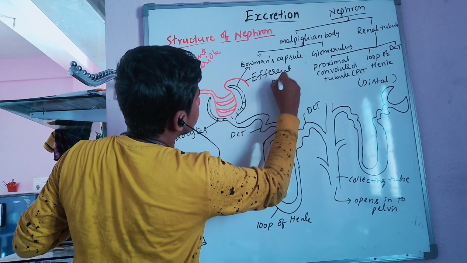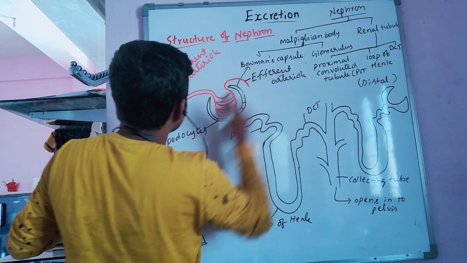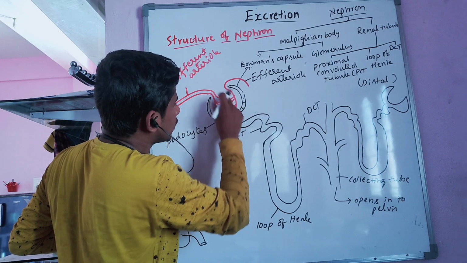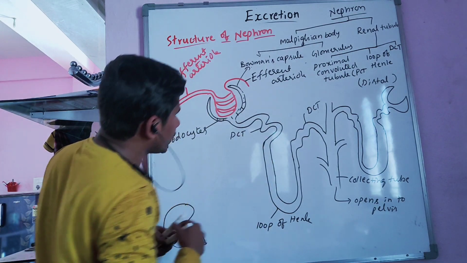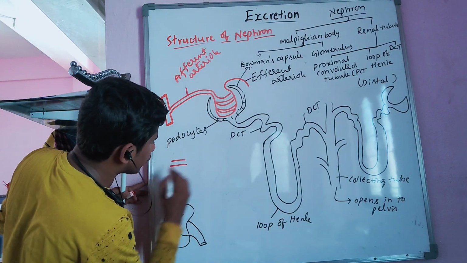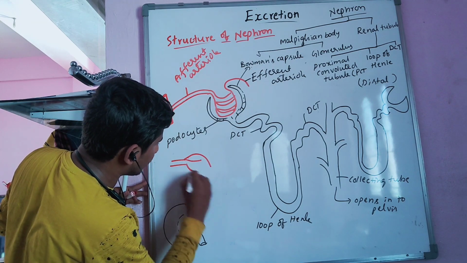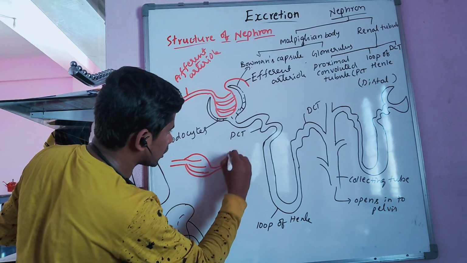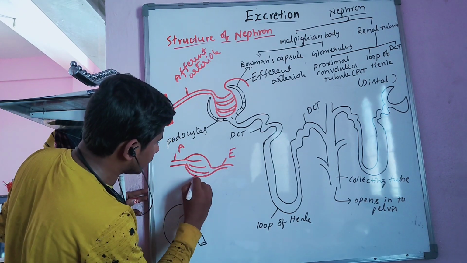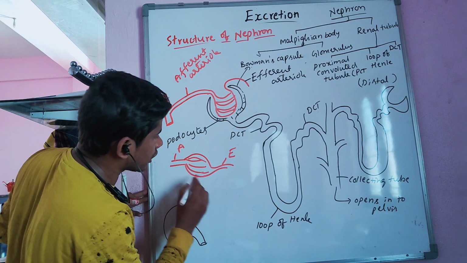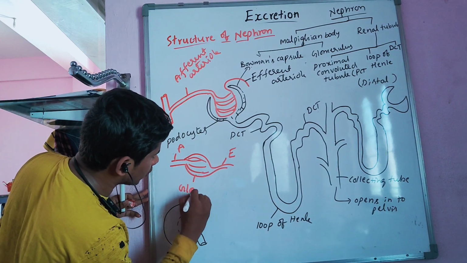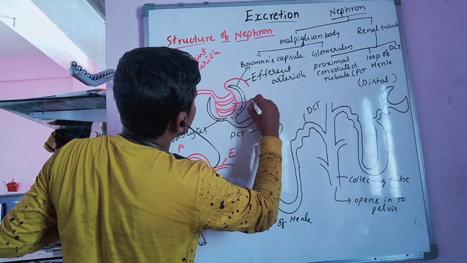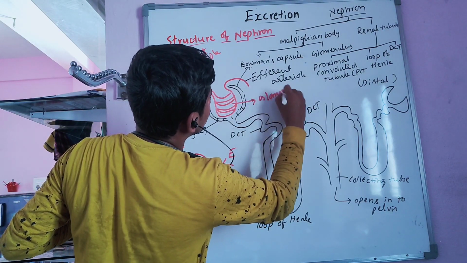The afferent arteriole brings the blood into that Bowman's capsule. Here it is divided into so many fine blood capillaries. This is the afferent arteriole and a bunch of blood capillaries, and it develops into an efferent arteriole. So this is efferent, this is afferent, and this bunch of nearly 50 blood capillaries together is called glomerulus.